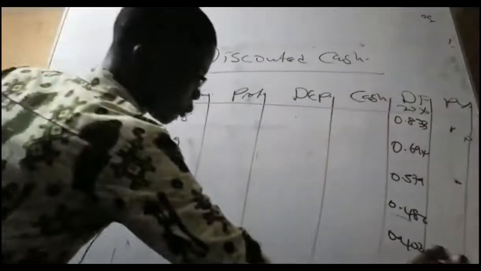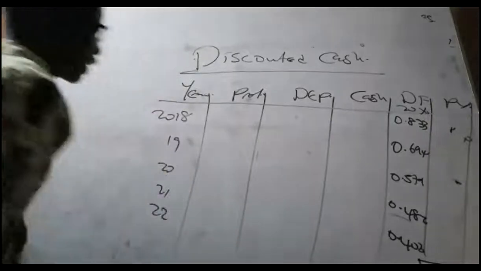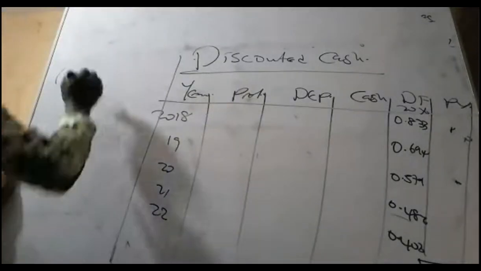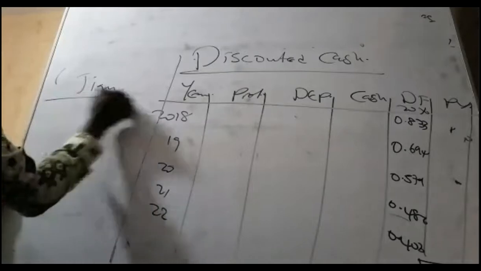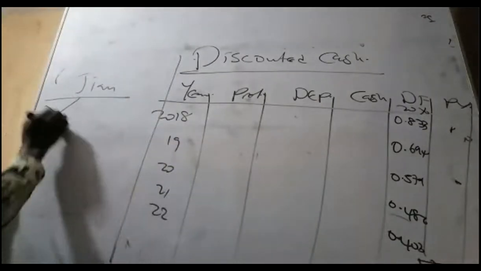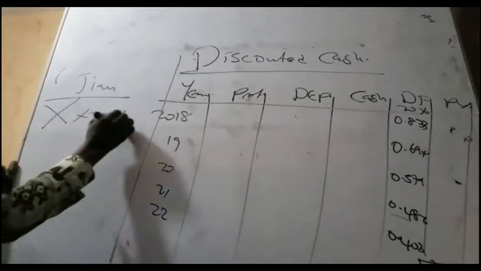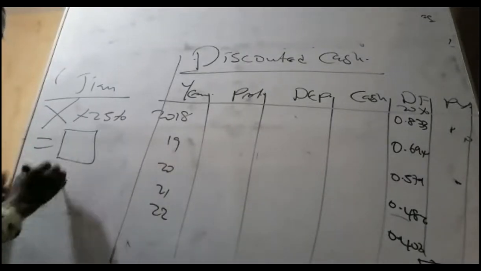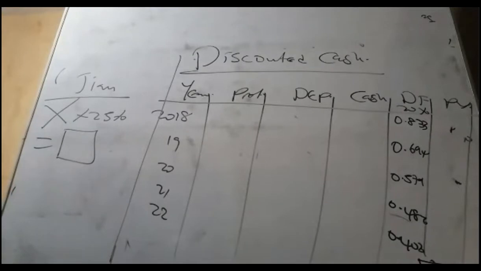For the overall PV, the total answer that you get, don't forget to advise JM that JM, your share will be what? That value, I'm assuming it is X. Bring the X here, multiply by 20%. Whatever answer you get, that's for JM. We are done. Great.